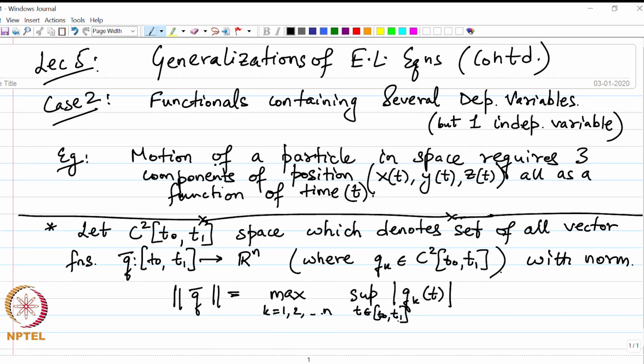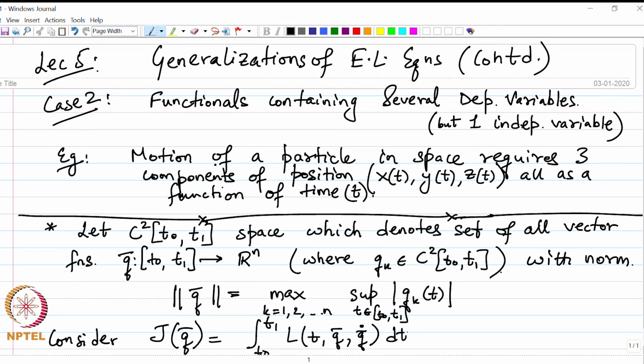So, now let us consider the functional. So, consider the functional of this form J of q bar, which is denoted by the following integral from T0 to T1 of L of t comma q bar comma q bar dot dt, where I define my dot, the superscript dot, as the derivative operator with respect to the independent variable t.